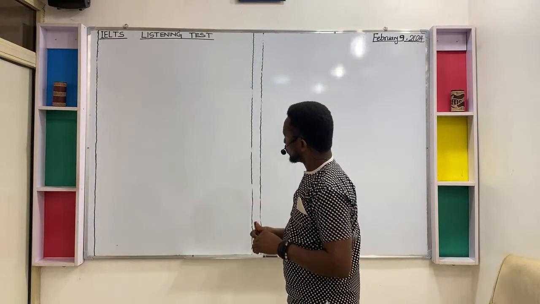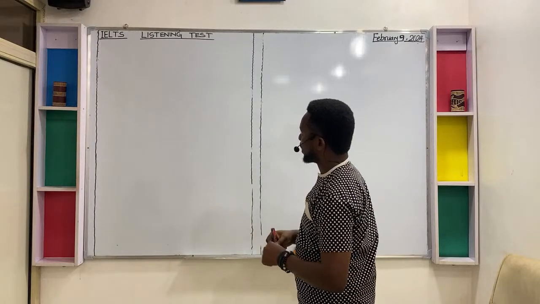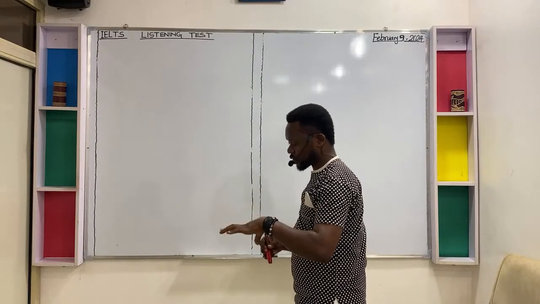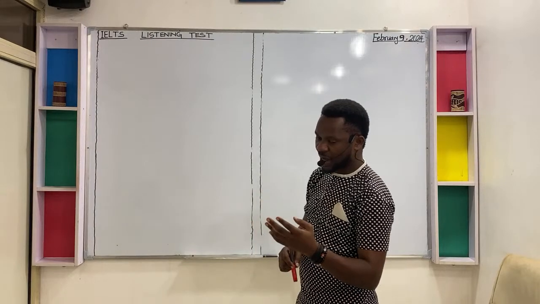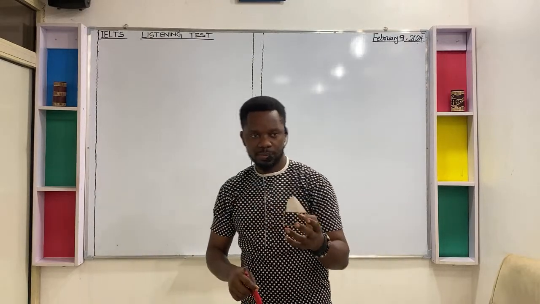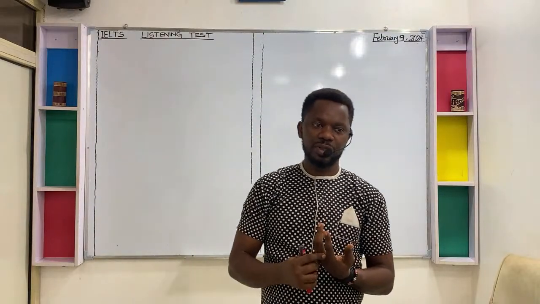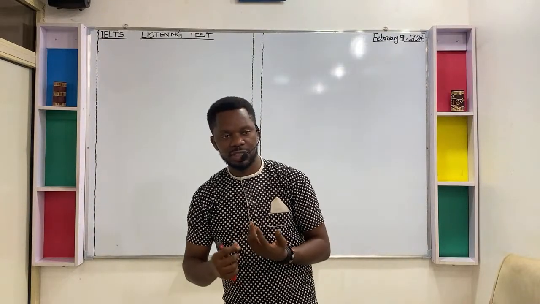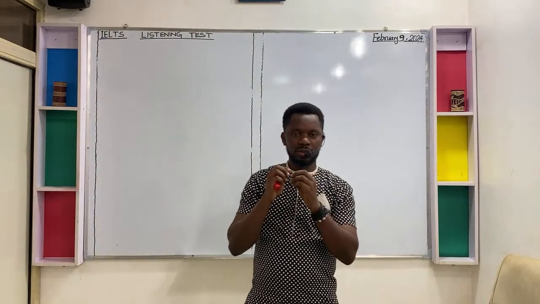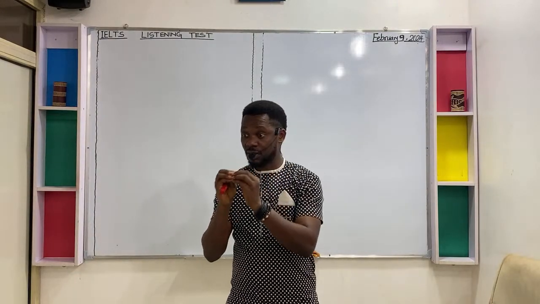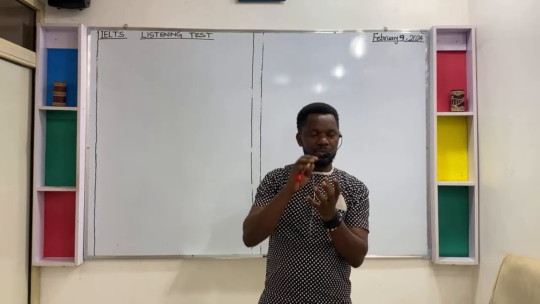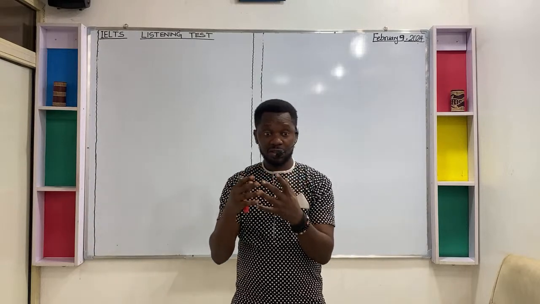Now when you read, what do you do? You are meant to identify the key words in the questions. You are meant to identify how many words your answer should contain, right? Because one of the major reasons a lot of people fail their IELTS exams is because they don't take the instructions seriously. Instructions for each section may differ.